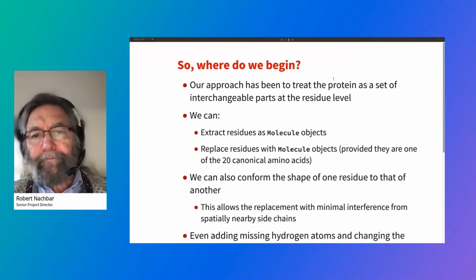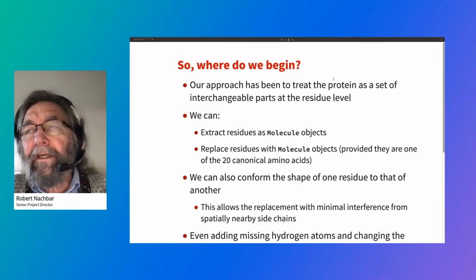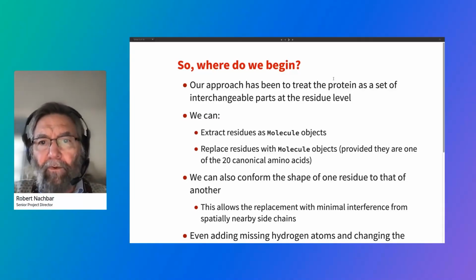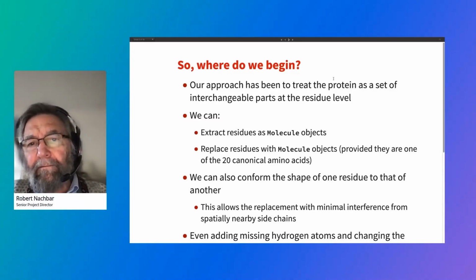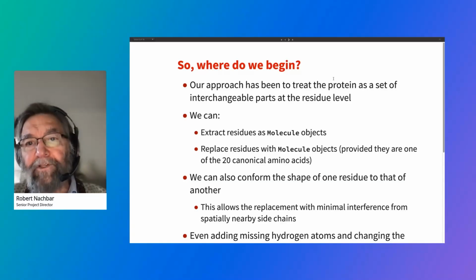Okay, so where do we begin? Thinking about the problem, the internal data structure for a biomolecule is very different than it is for a molecule. And so I had to think about things differently. It is a hierarchical structure. At the top level, there are models. Some structures might have more than one model.